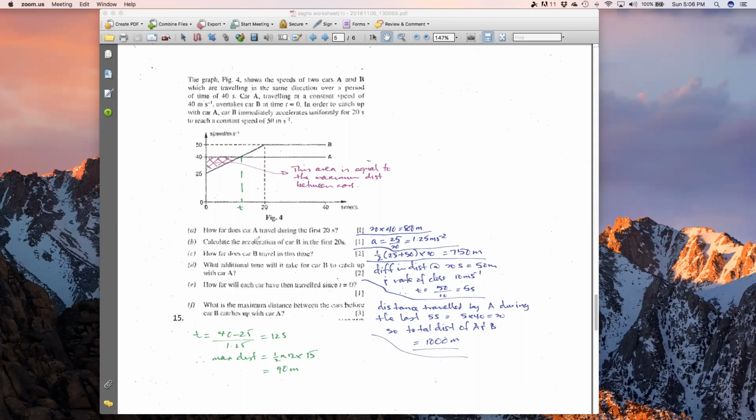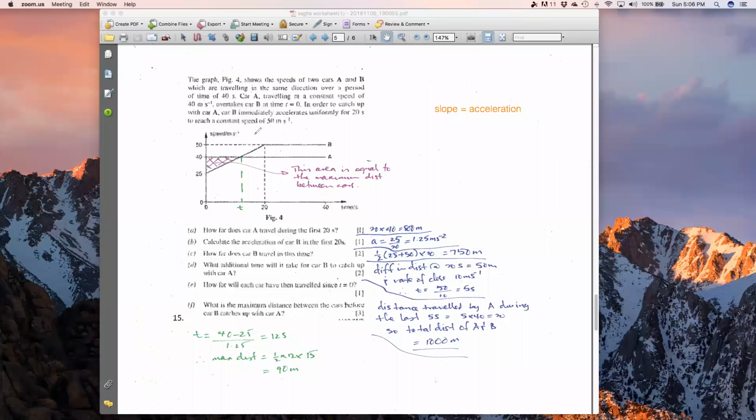Next part, calculate the acceleration of car B. We know in a speed time graph, the slope is equal to the acceleration. All right. So right here, we have a sloping part.